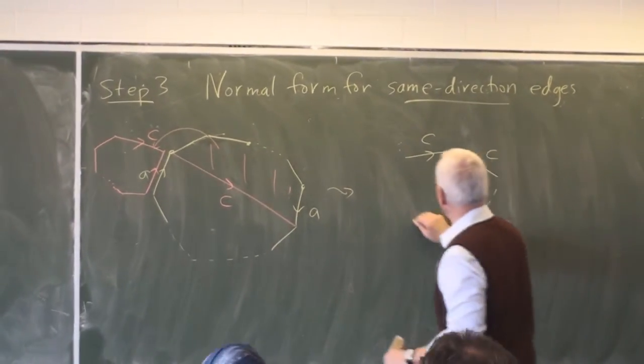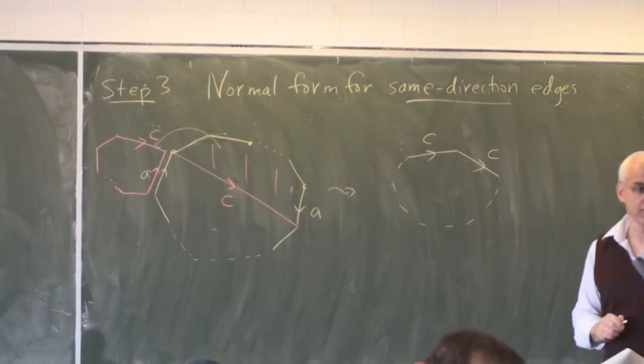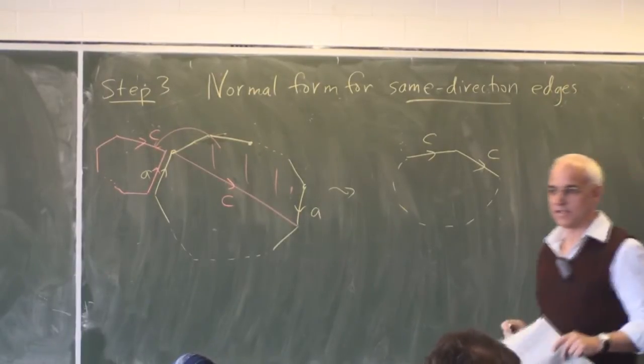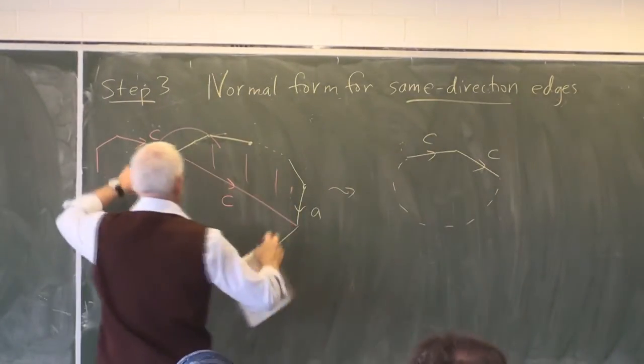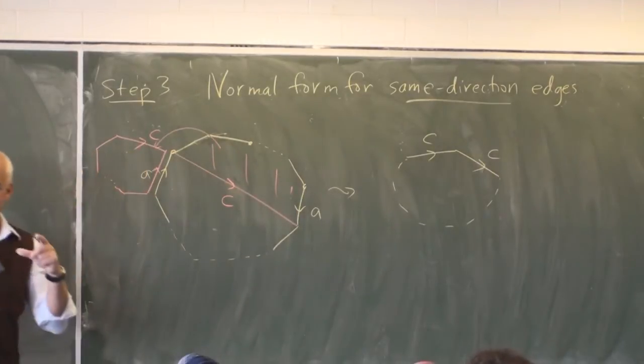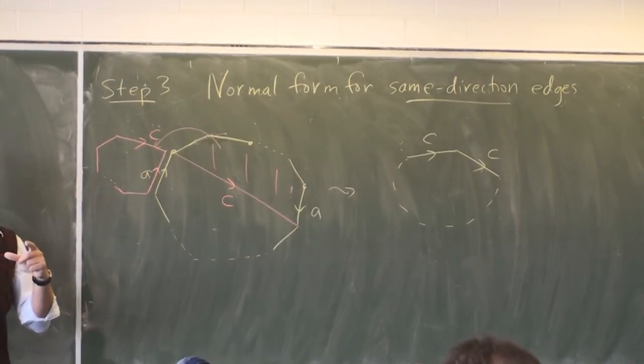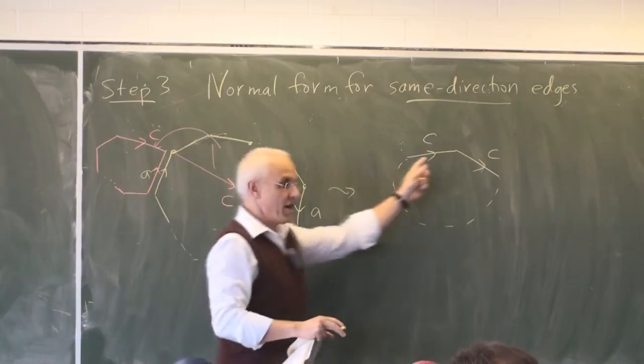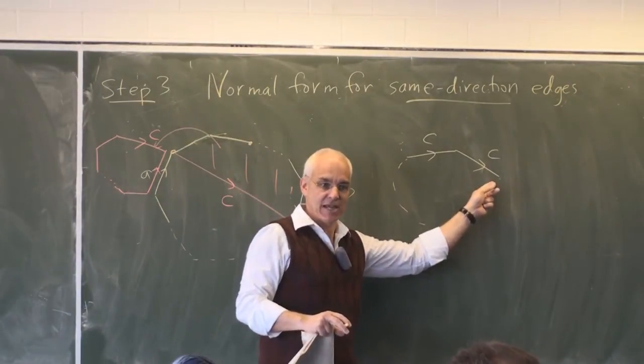And then there's other stuff. So the effect is that we've replaced 2 separate A edges, which are in the same direction, with 2 connected C edges in the same direction.